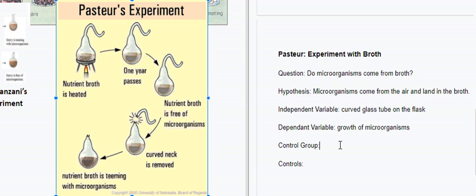The control group is when the glass tube is intact, and then the experimental group, actually, I just did that backwards.